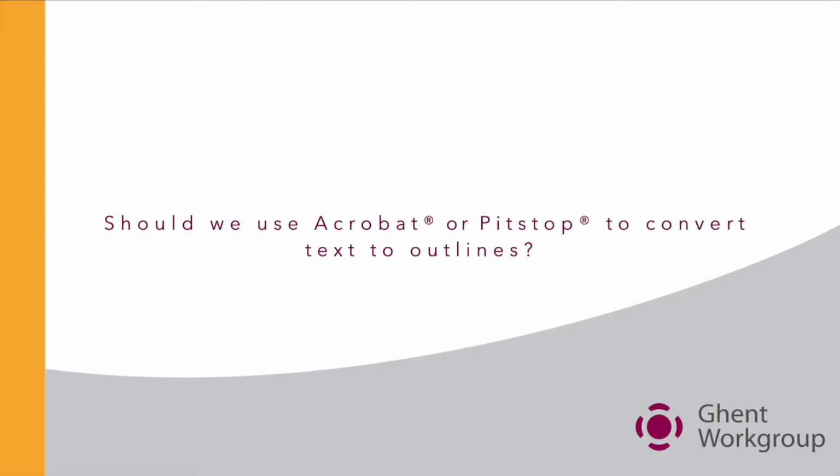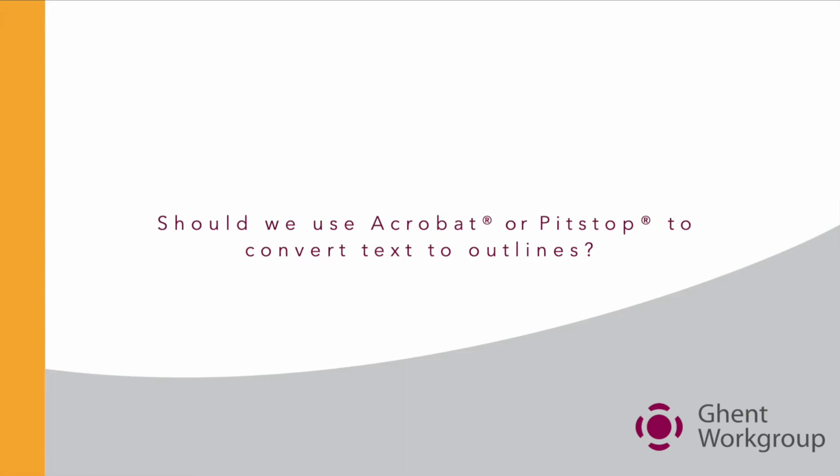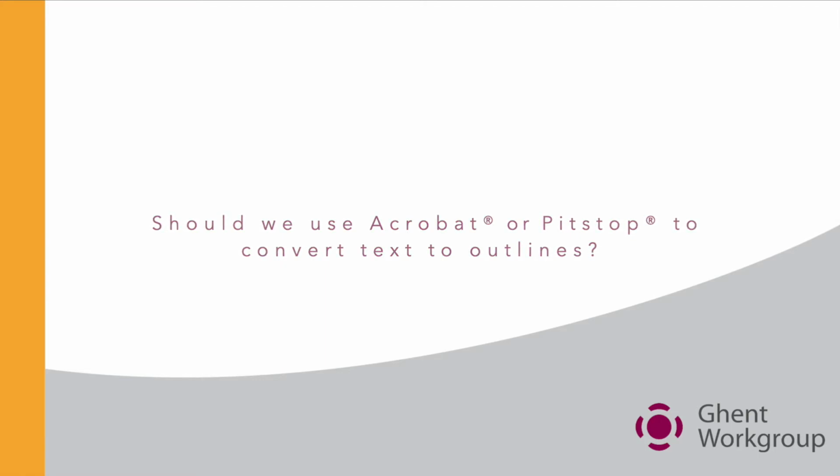But fundamentally, the quality is not necessarily going to be better. As soon as you convert text to outlines, you are losing hinting and you're getting differences in the way it looks. There is nothing you can do to stop that part, but the result is going to be better than using the transparency flattener.